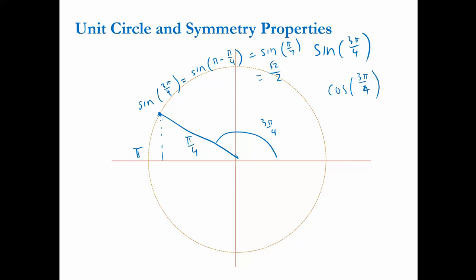And in this case, cos of π/4 is root 2 on 2. So we know this distance is still root 2 on 2, but be careful, you're in this region now. And in this region, we can see that that's a negative x value. So that's why cos of 3π/4 is equal to negative root 2 on 2. Does that make sense? Okay, yeah.